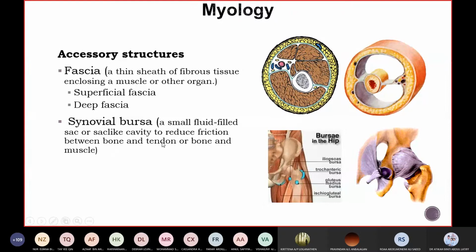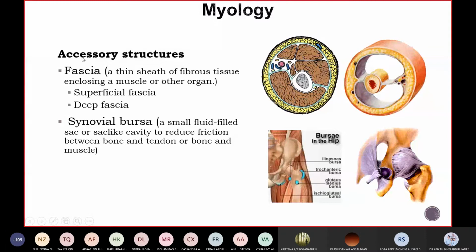We learned about bursa in the joint lecture as well. Because joints, muscles and bones are close together, there are accessory structures close by each other. Here for example, in the hip, we have the trochanteric bursa at the greater trochanter, iliopsoas, and gluteus medius bursa. Don't worry, we won't ask you all these names, but just to show you that we have accessory structures near the muscles.